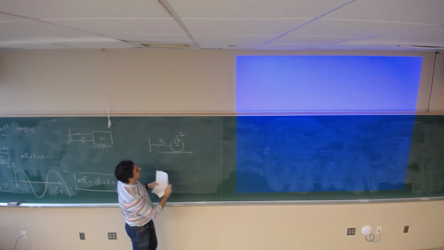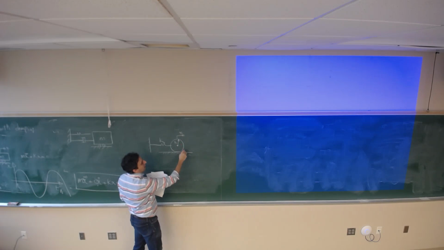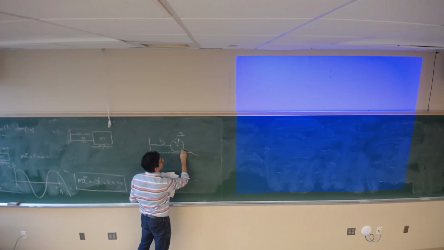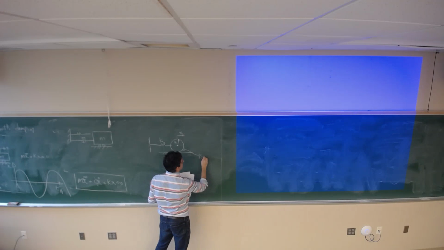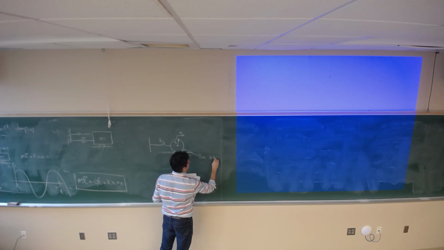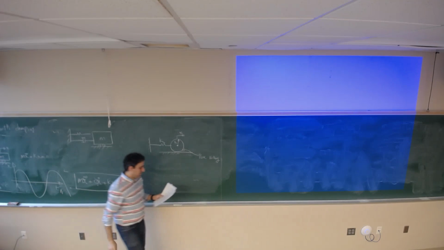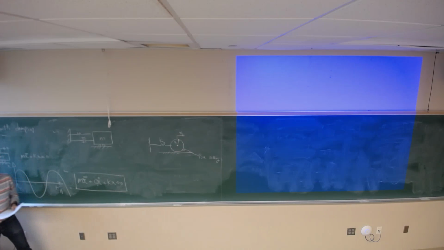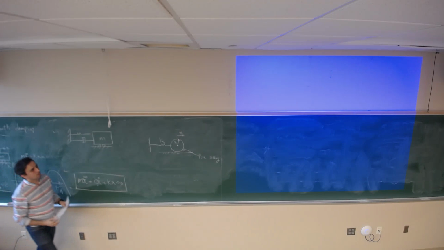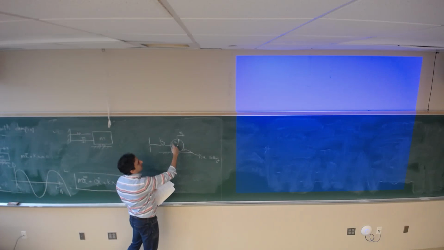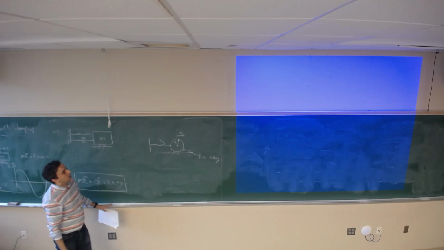We are gonna have pure rolling, so no sliding, so pure. This cylinder is gonna have the radius of the R.